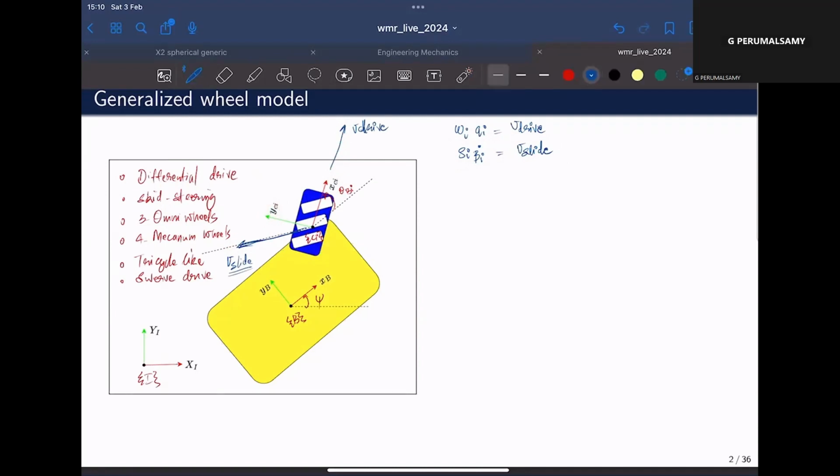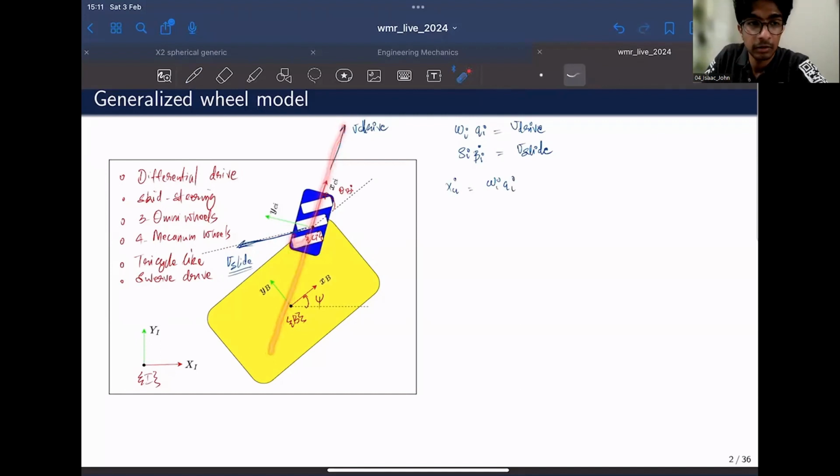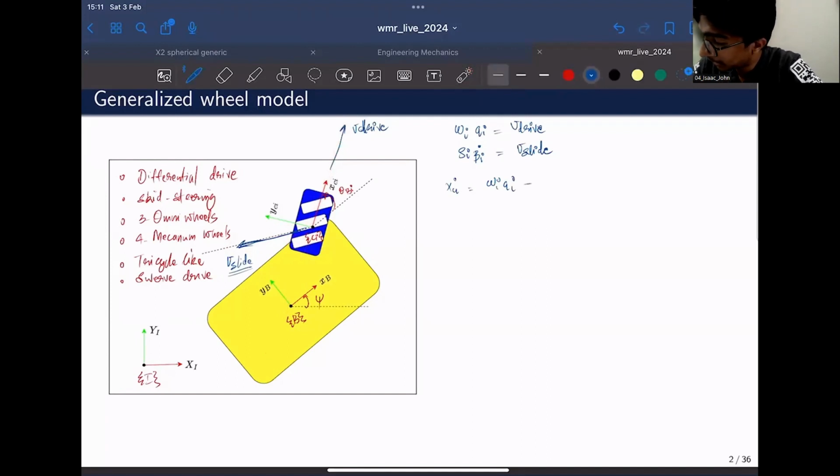The velocity along XCI, I'll call this XCI dot, will be: V drive is fully along XCI, so it'll be omega I AI, and the component of V slide along the XCI axis would be minus rho I beta I dot sine phi I. I'll label this as equation 1.